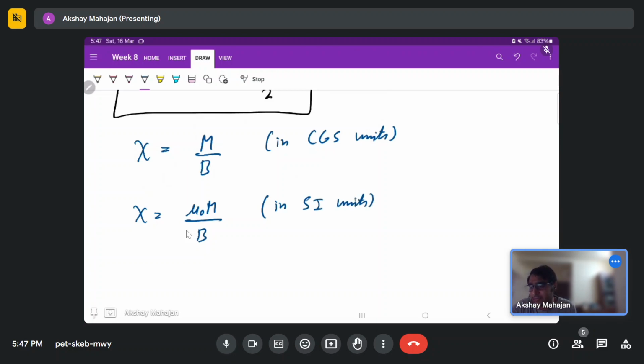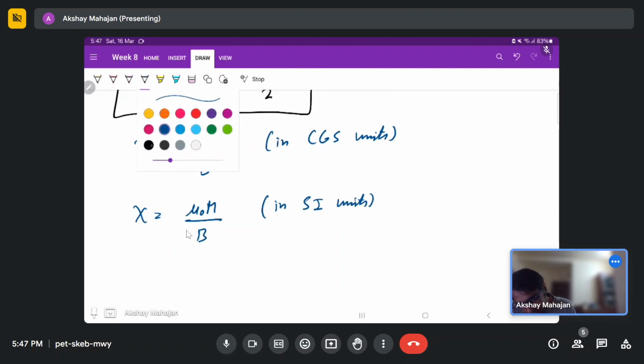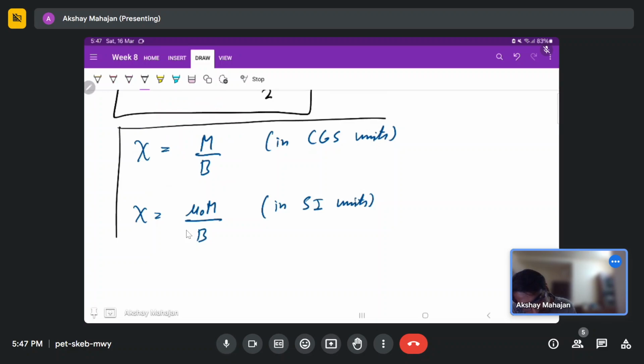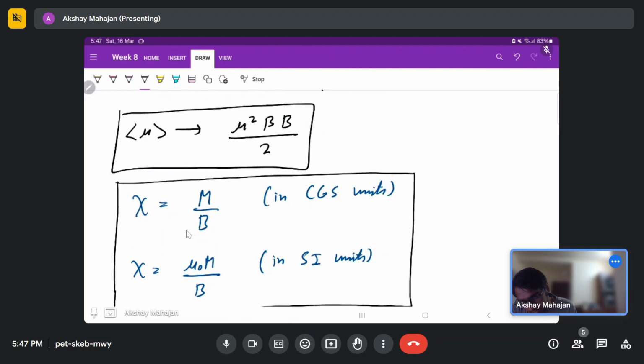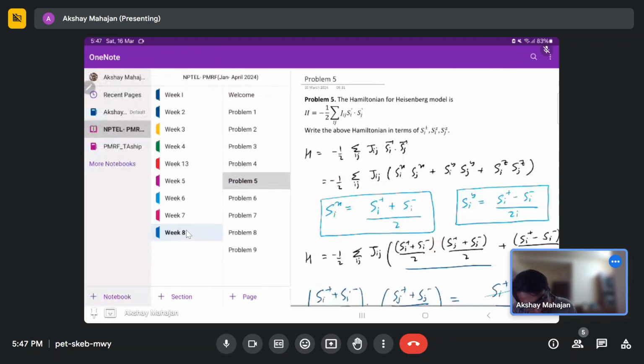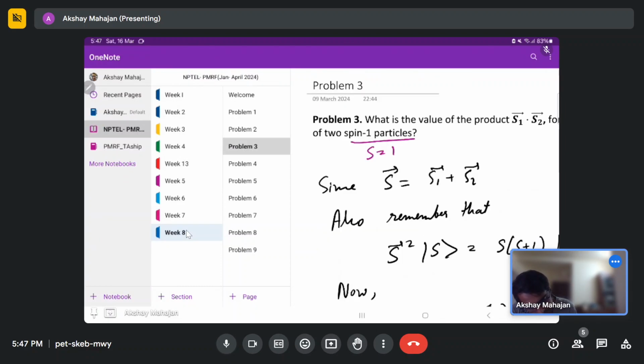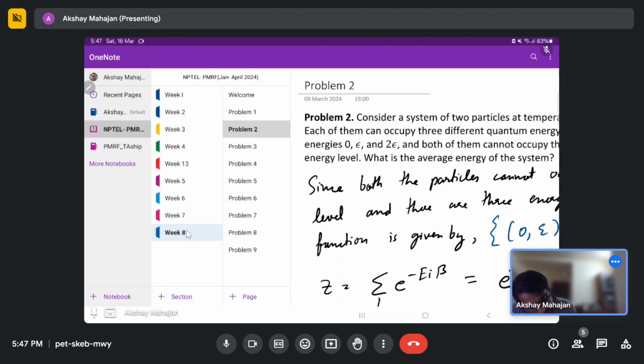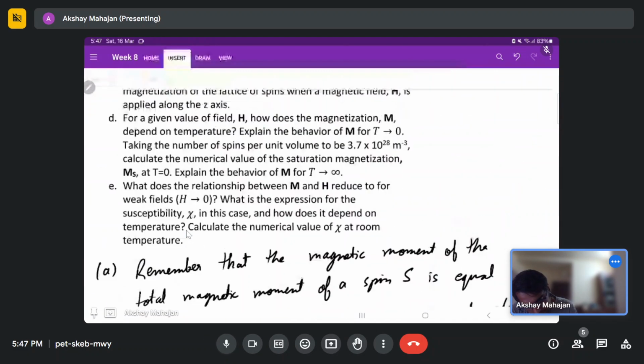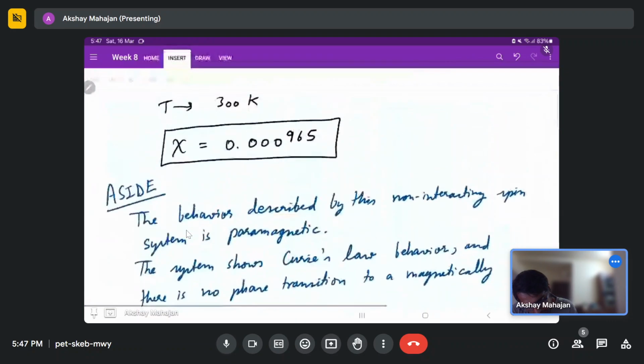Okay. This you should remember. Change it to mu naught somewhere, I guess. In this first problem, we actually changed it to mu naught, right?